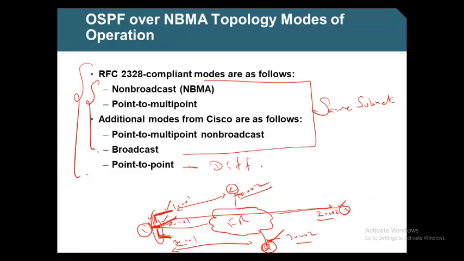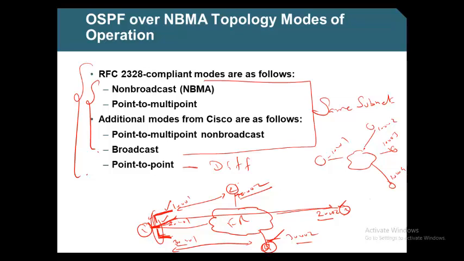If you have routers 10.0.0.2, 10.0.0.3, 10.0.0.4, and 10.0.0.1, there is no need for you to create point to point. There is no need because these four are of the same subnet, same group.